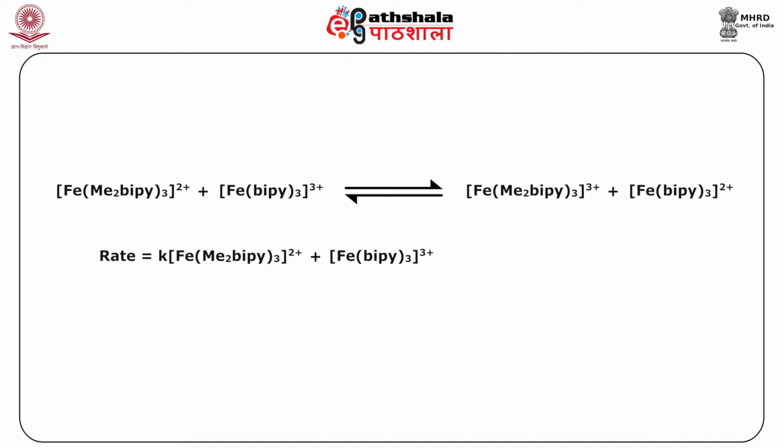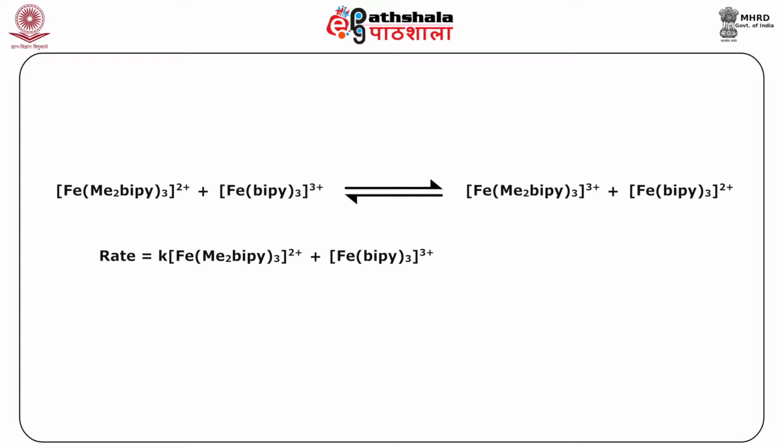In a similar fashion, another equation involves the methyl-substituted bipyridyl iron complex, Fe(substituted bipyridyl)3 2+, and another, the unsubstituted Fe(bipyridyl)3 3+. Both are iron complexes, but one is +2 in oxidation state and the other is +3.